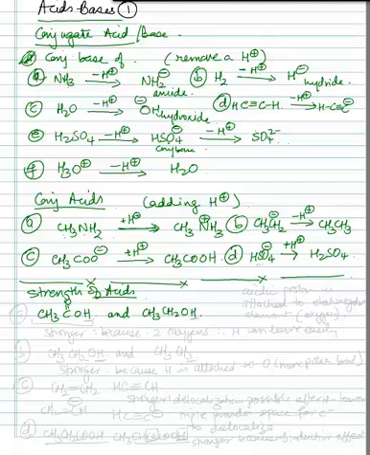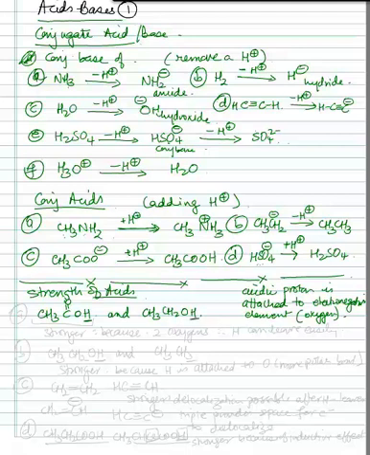So you look at the two compounds and you first identify your acidic proton. Acidic proton is attached to an electronegative element, usually oxygen, not carbon. So this is our acidic proton, this is our acidic proton.